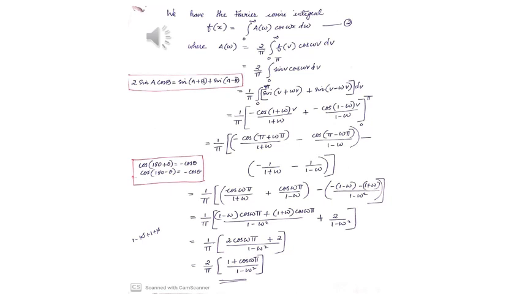So, coming to the sixth step, it is 1 by pi into cos omega pi. That is, cos of 180 plus theta is minus cos theta, that is in the third quadrant. And cos of 180 minus theta is minus cos theta, that is in the second quadrant. Cos is positive only in the first and the fourth quadrant, so we get minus in other quadrants.